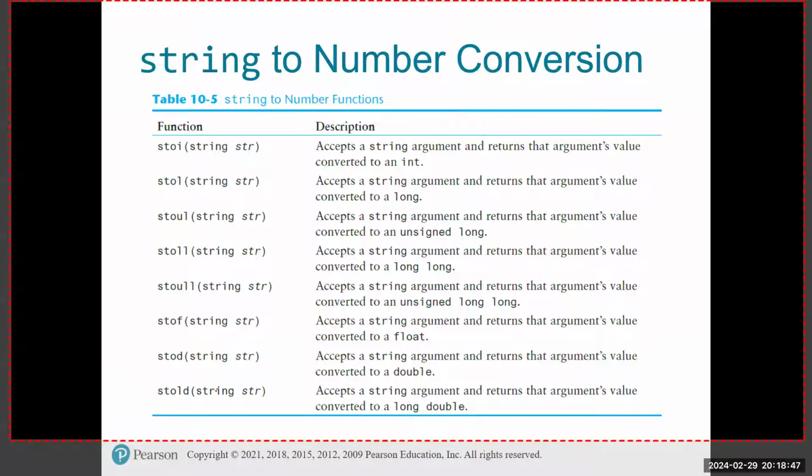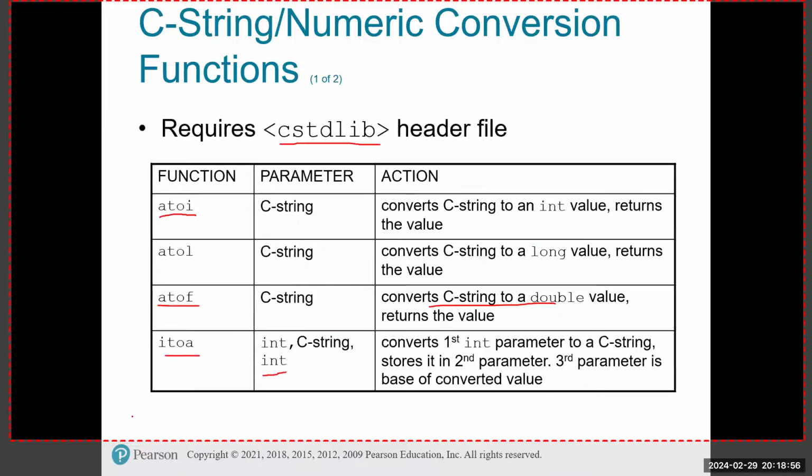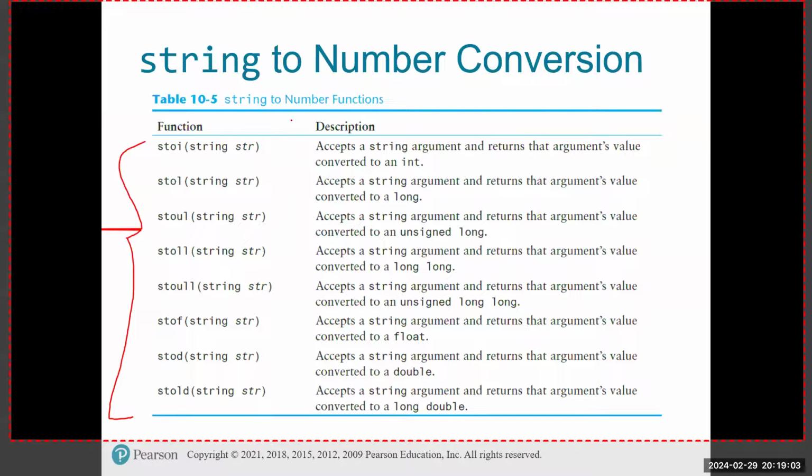So you can have a lot of examples here, a lot of examples from the string to number conversion API. All you have to remember here is you have to use cstdlib. That is the critical part of this particular conversion. So you have to include cstdlib. This is the library header, so you have to do a hash include here.